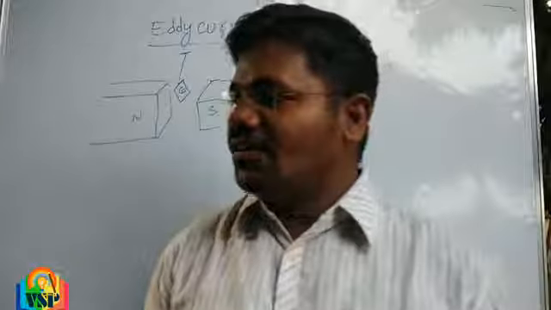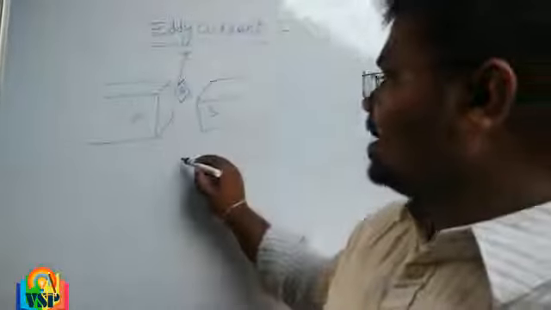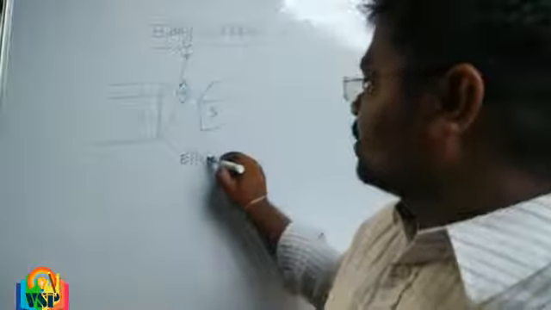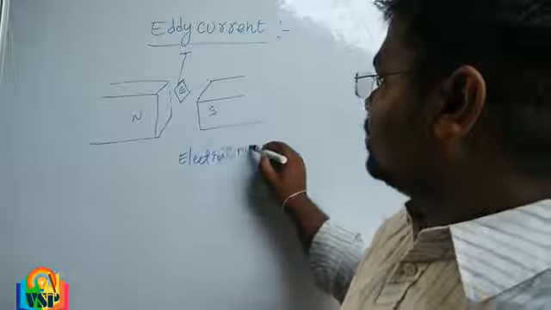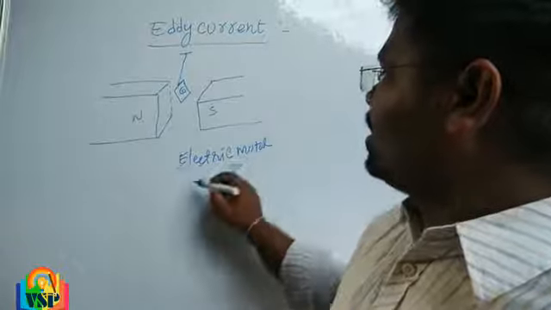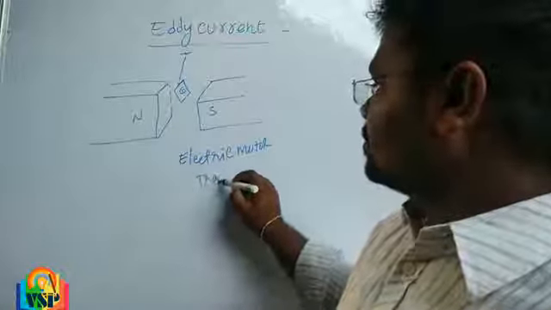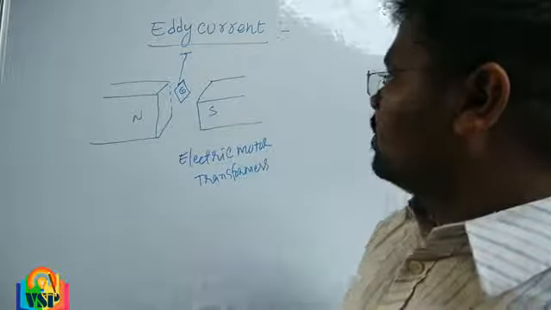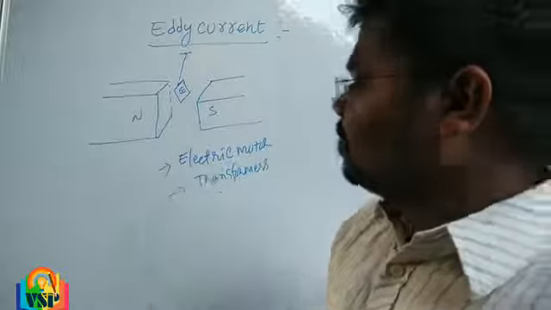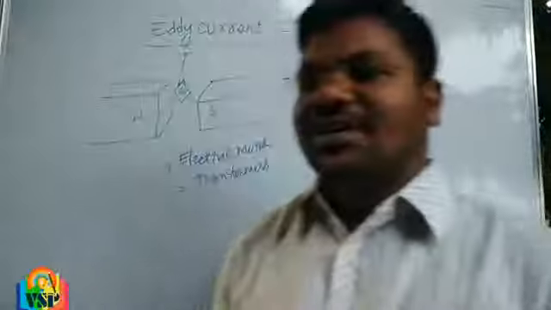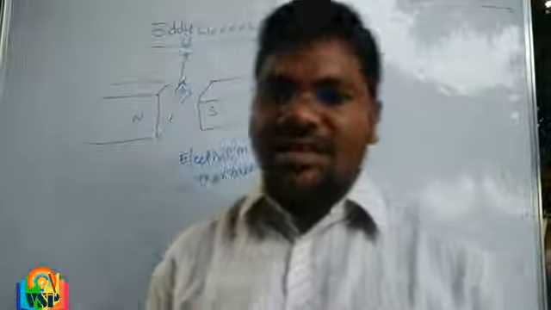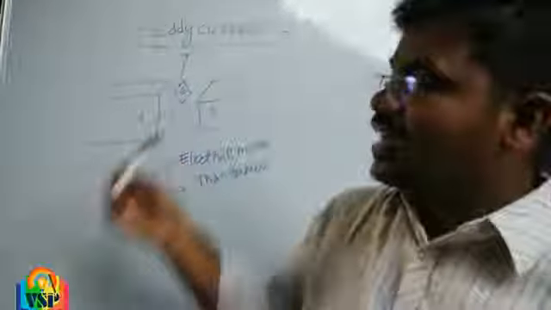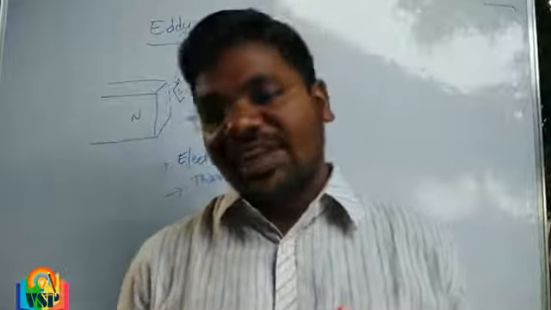See here what happens in electric motors and transformers, in this type of electrical appliances. The induced current is developed due to the flux changes.